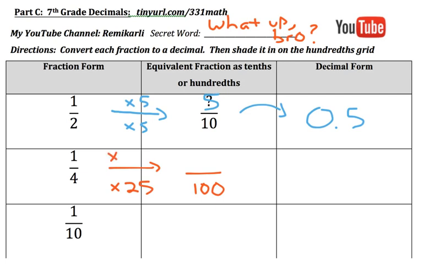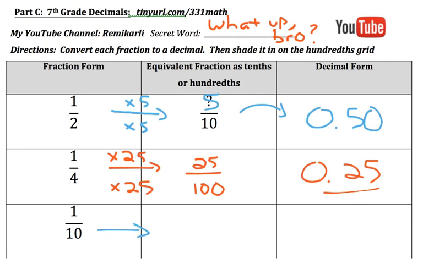Make sure we're multiplying by 25 over 25, and we get 25 hundredths, which as a decimal is 0.25. You could also have just thought about money, because 1/2 is the same as 50 cents, and 1/4 is the same as 25 cents.